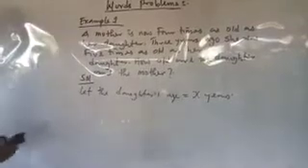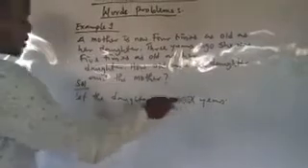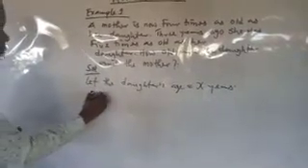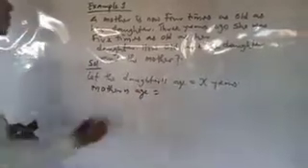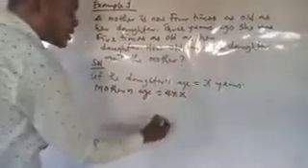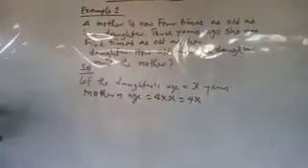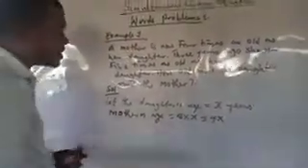Now a mother is now 4 times as old. So definitely if the daughter's age is x, what do you think the mother's age will be? The mother's age will be equal to 4 multiplied by x. Definitely that is 4x. As you can see, we are already getting our equation gradually.